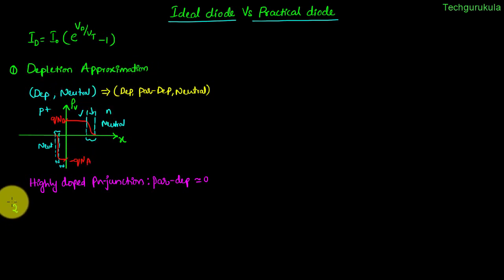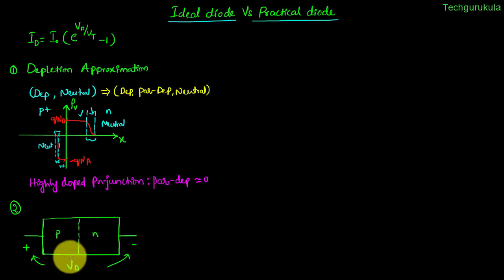Moving on to the second assumption, where we assumed all the potential applied across a PN junction diode is directly applied across the depletion region itself. But in a practical diode, the potential that we apply across the PN junction should be equal to the potential that gets dropped at the metal semiconductor junction, which we assumed is ohmic in nature, and we can say some potential gets dropped across the contact.